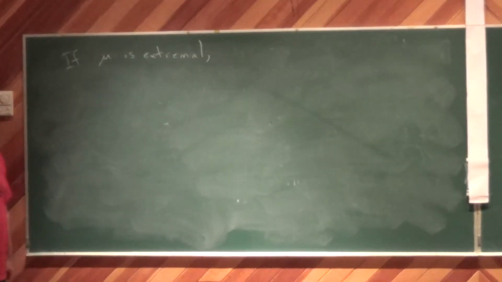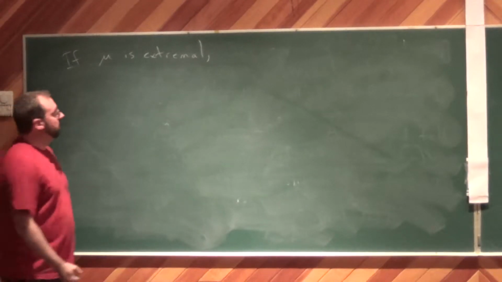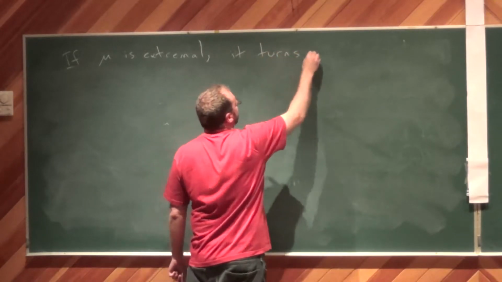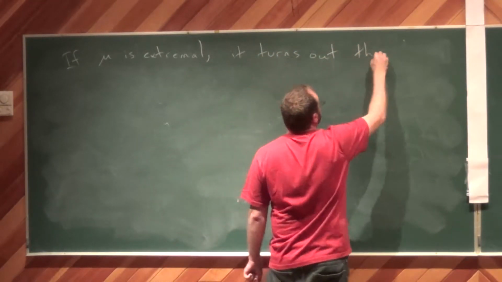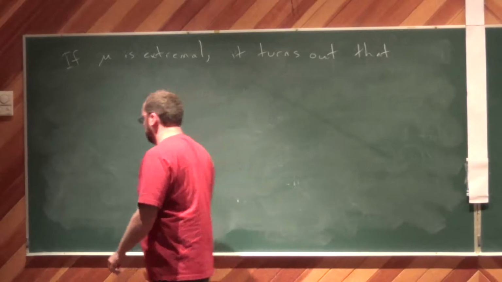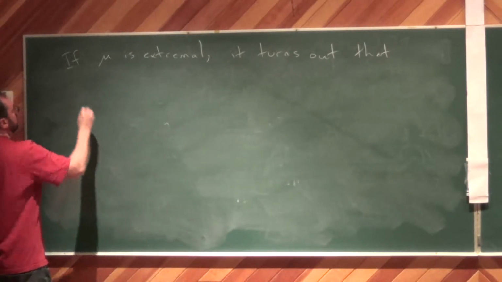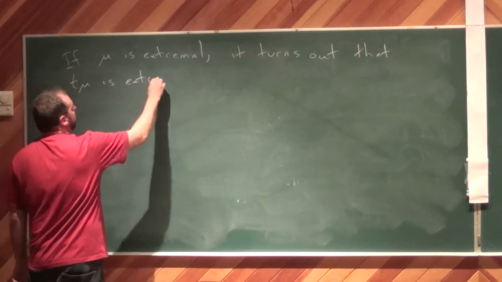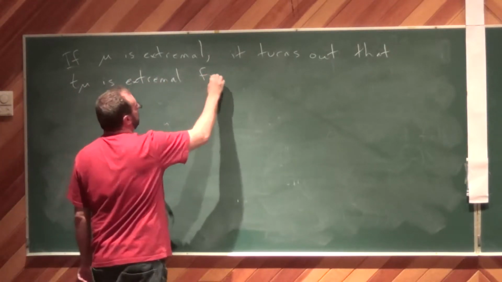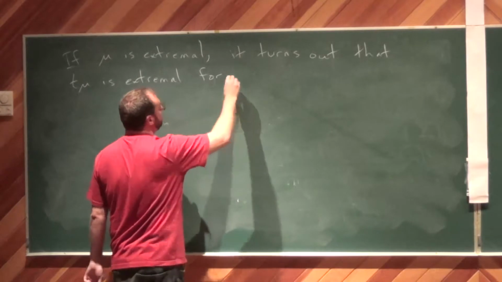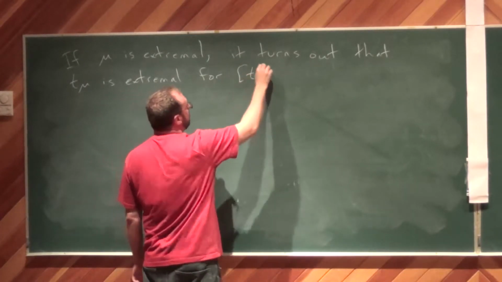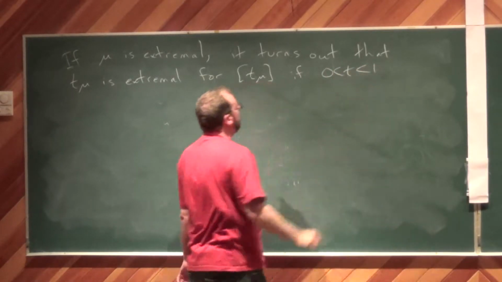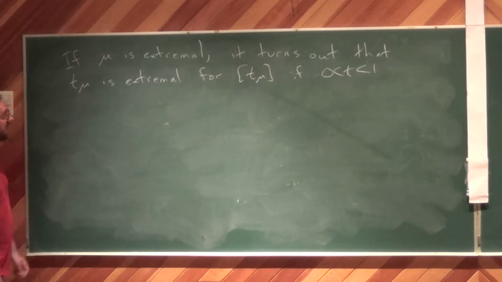Suppose we start with an extremal mapping. Well, it turns out that t mu is extremal for the class of t mu as t runs between 0 and 1.